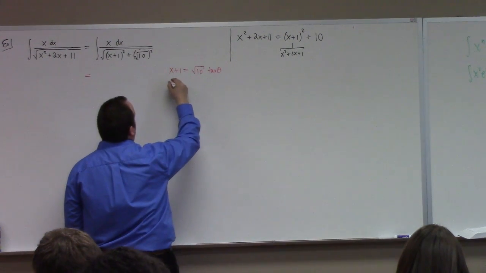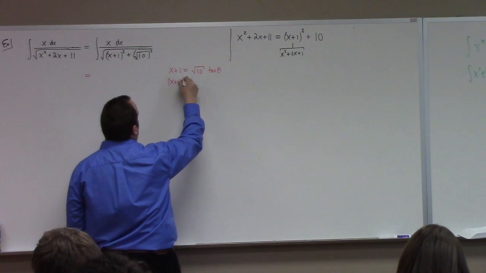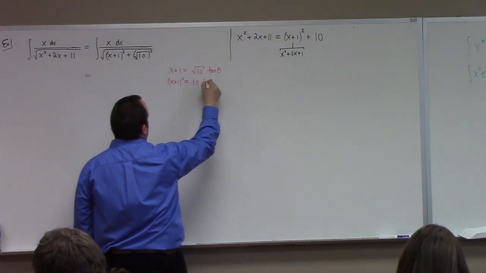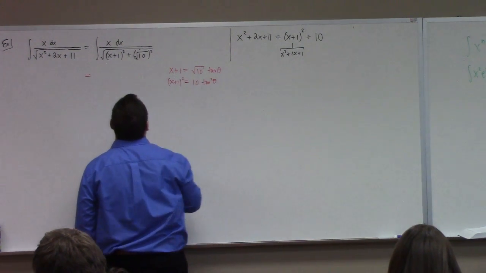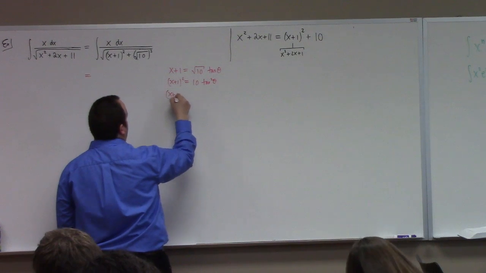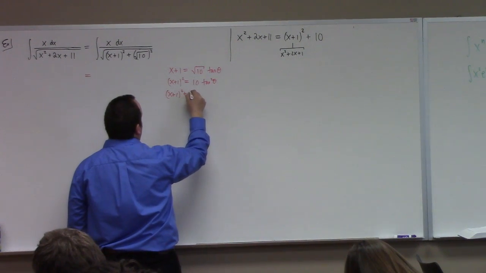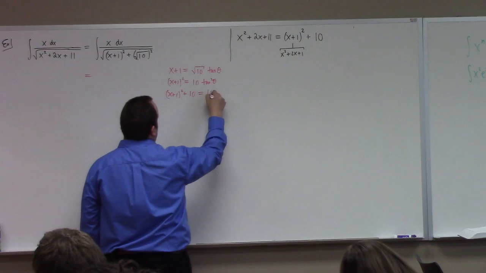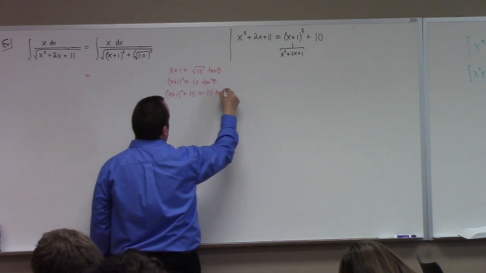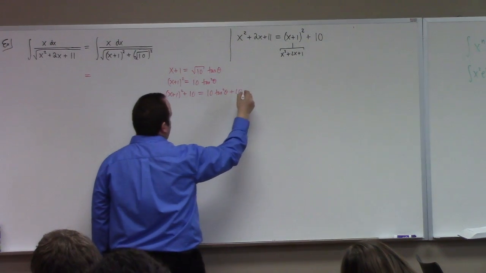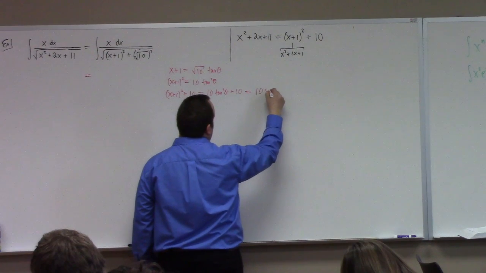What's x plus 1 squared then? It's 10 tangent squared theta, right? So x plus 1 squared plus 10 is equal to 10 tangent squared theta plus 10, right? AKA 10 secant squared theta.